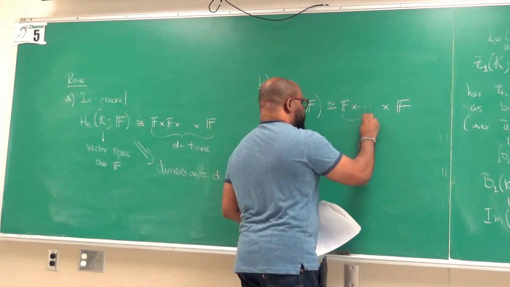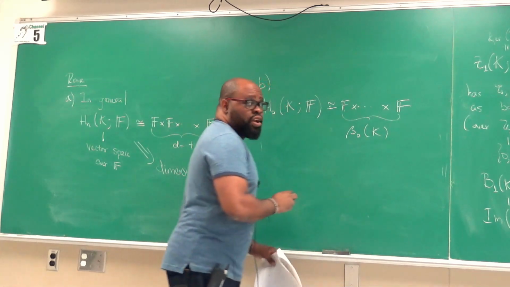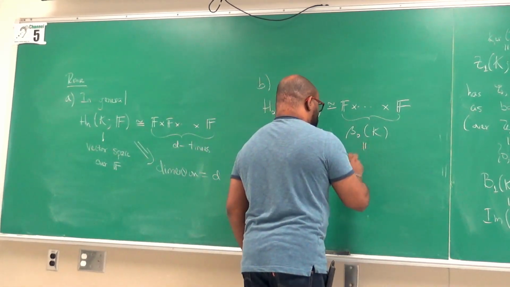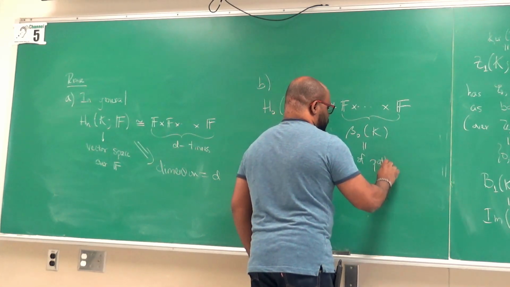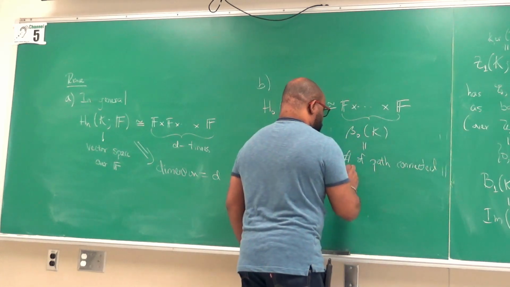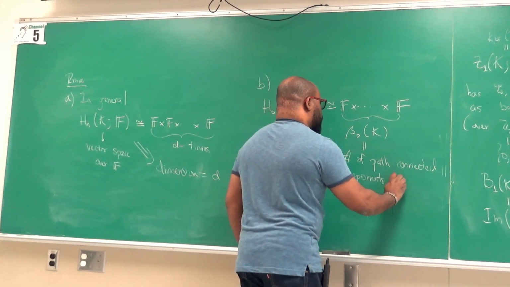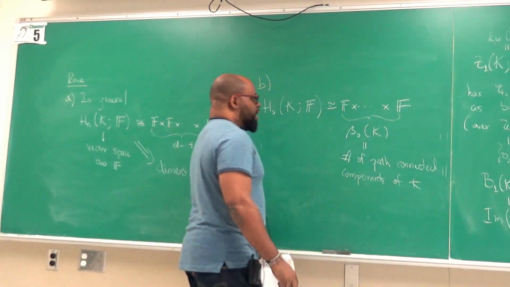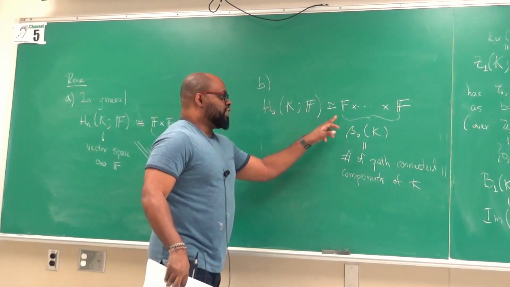This dimension is going to be Betti 0 of K. In other words, it's going to be the number of path-connected components of K. Right, so regardless of what the field is, you're always going to get the same dimension.